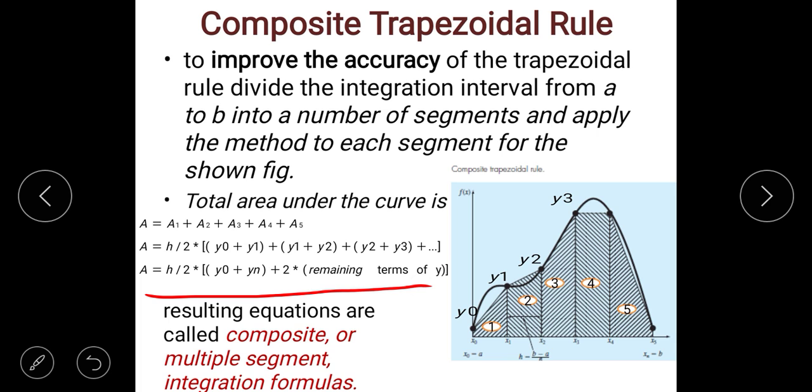It means y0 is the first term and comes only once in the formula, and yn is the last term and comes only once. All other terms y1, y2, y3 up to y of n minus 1 come twice. This formula is used for multiple segments.